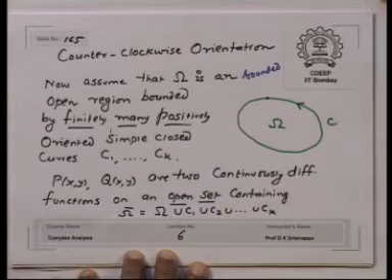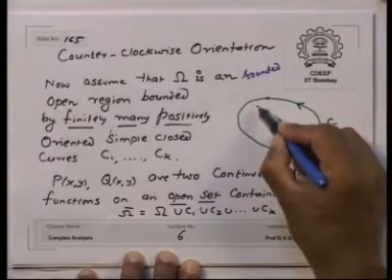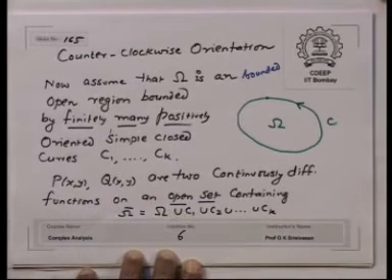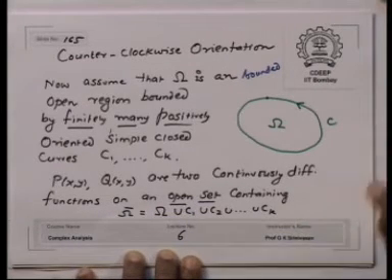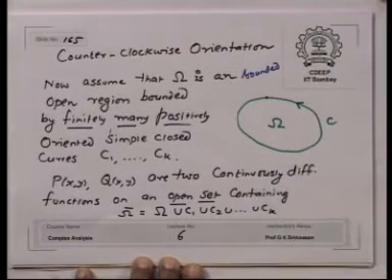On the boundary, what is the meaning of saying something is continuously differentiable? Take the boundary point, then there is a small disk, and in that disk P and Q are defined, the partial derivatives exist and the partial derivatives are continuous, and this should happen at each and every boundary point.